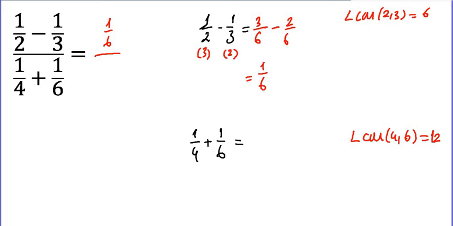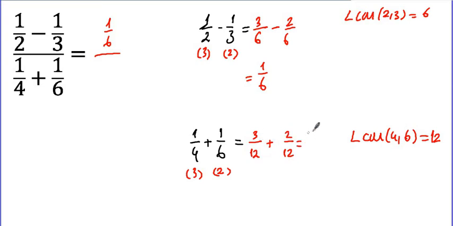So let's find the common denominator. The common denominator is going to be 12. So 4 times 3 is 12 and 6 times 2 is 12. So I'm going to extend my fractions so that I make the denominators 12. 3 times 1 is 3 and 3 times 4 is 12, plus 2 times 1 is 2 and 2 times 6 is 12.